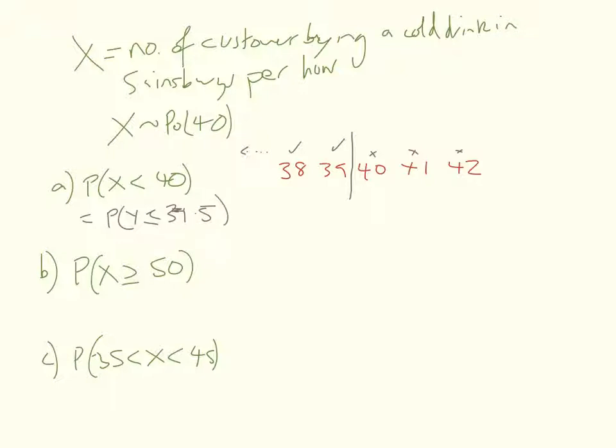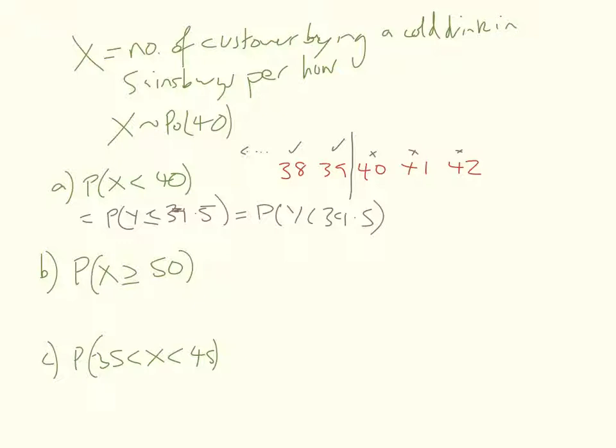I could have written it as the probability that Y is less than 39.5, because it's a continuous distribution, it doesn't actually matter whether it's exactly equal to that or not, because the probability of it being equal to an exact amount is going to be 0.